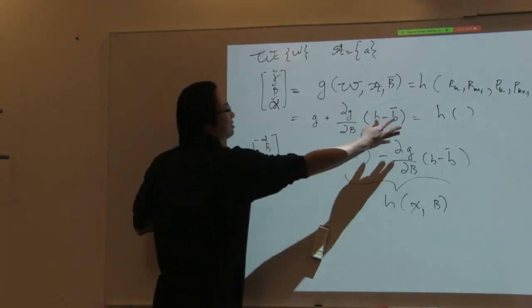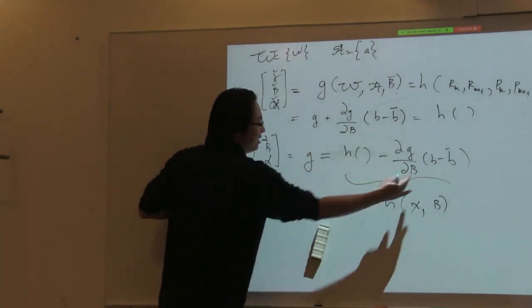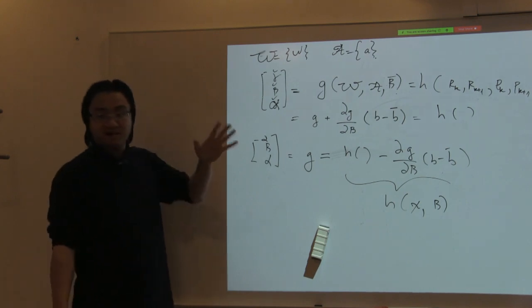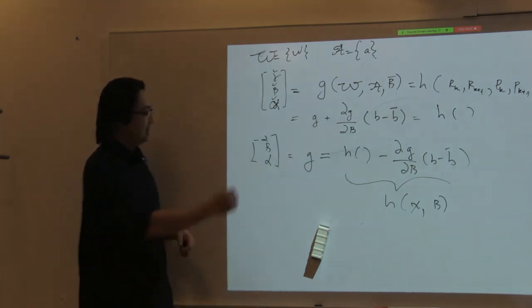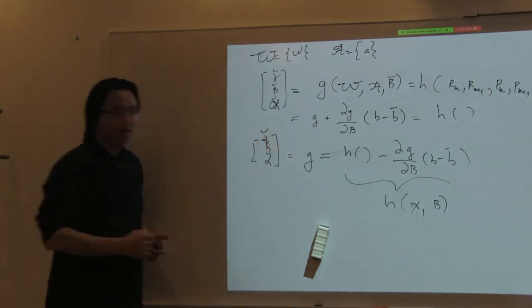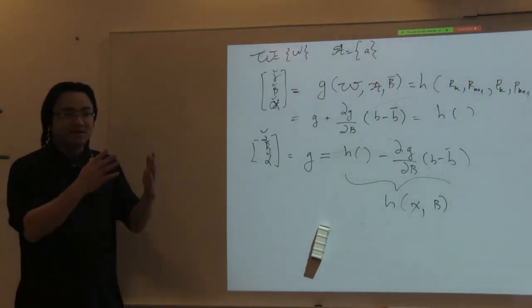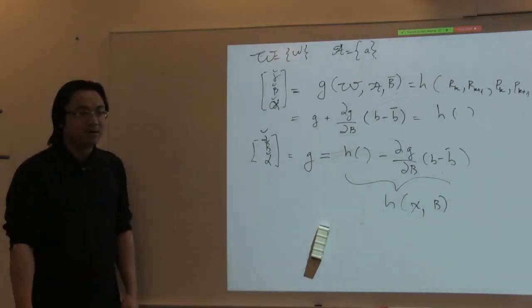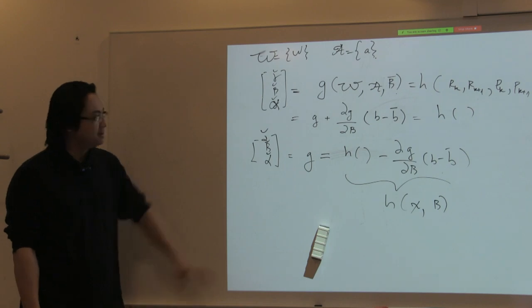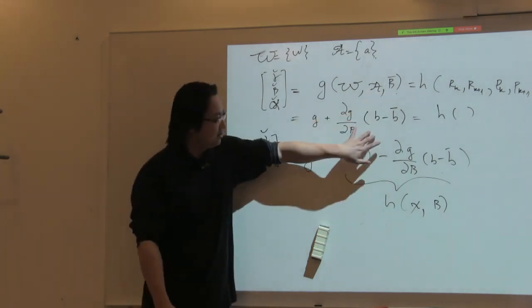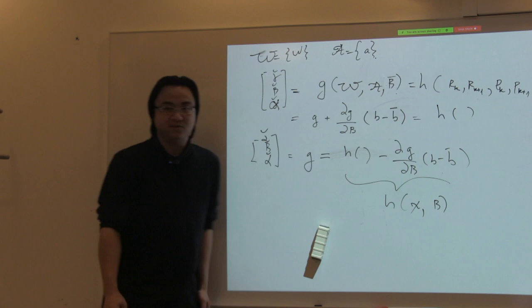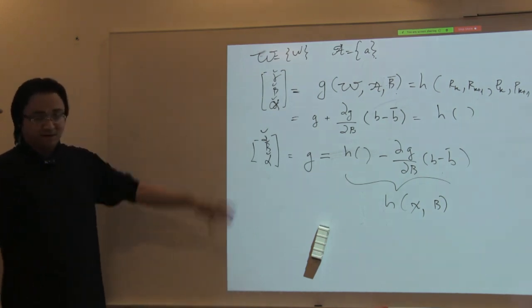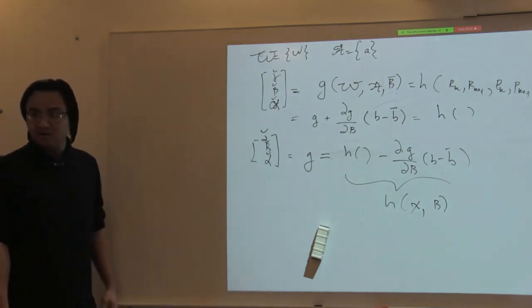They throw this term onto this side, and this is our new observation with the bias. That's the genius idea of that TRO paper: start from the guess, do this linear approximation, and throw it to the other side, and you can recover the observation model.